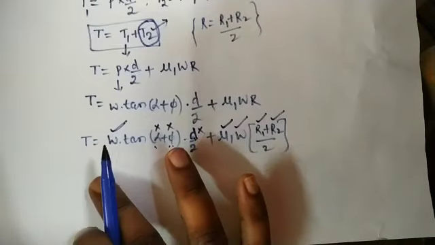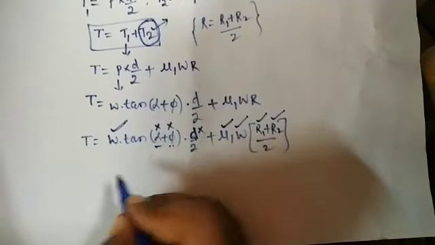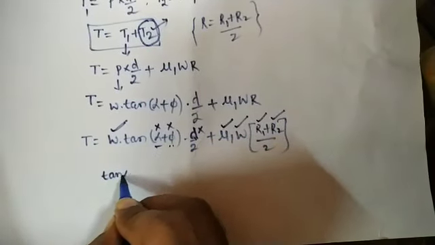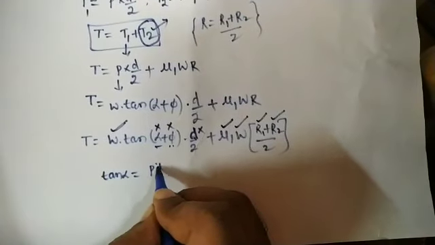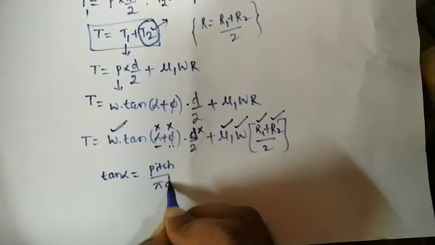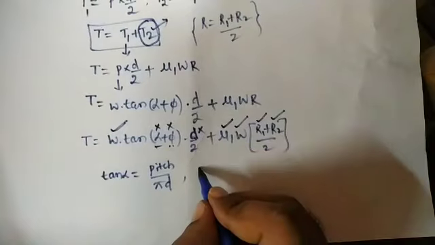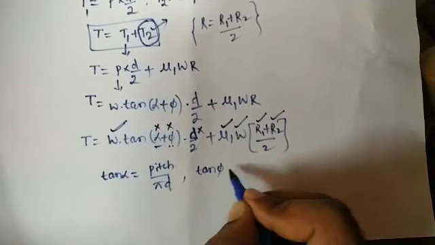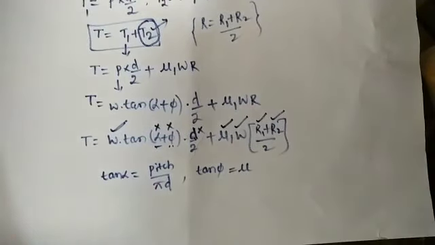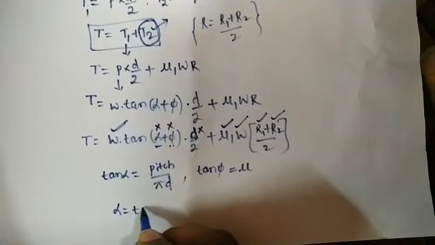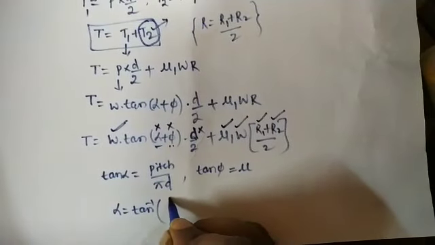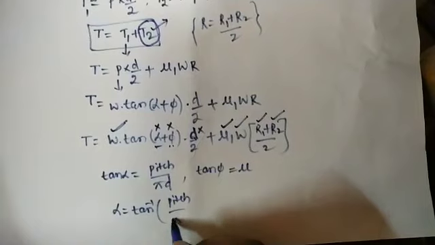After that, substitute in the T formula. We know one formula, tan alpha equal to pitch by pi d. Another formula, tan pi equal to mu. Then alpha equal to tan inverse of pitch by pi d.